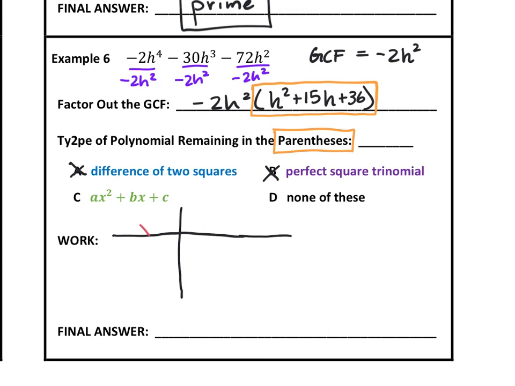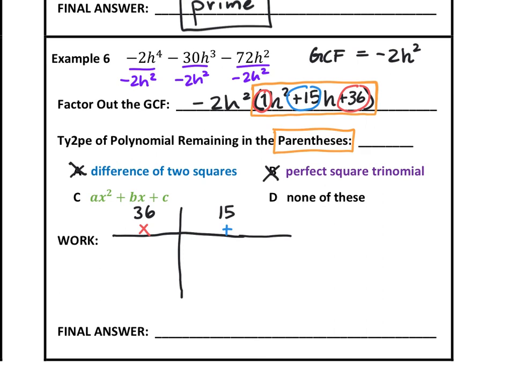So we're going to multiply and add. And so we're going to multiply, if there's no number in front of h squared, then we assume that there's a 1 there. So we're going to multiply 1 times 36, which is 36. And the middle number is positive 15.